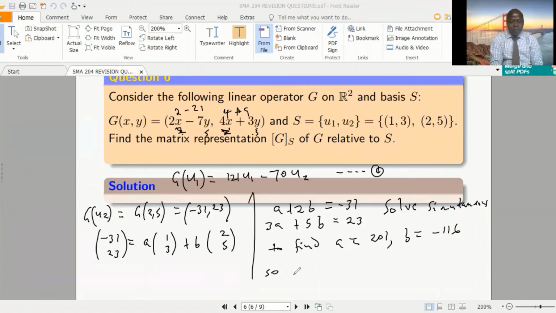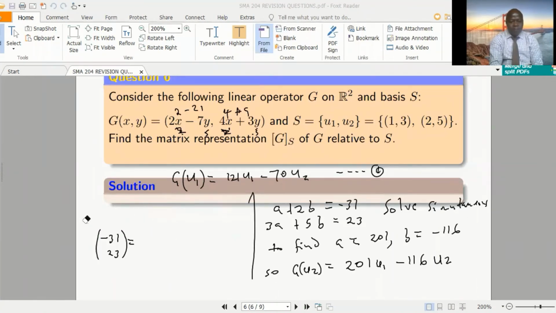So G of U2 as a linear combination of U1 and U2 will be written as 201 U1 minus 116 U2. We are done, so we just need to write what the question wants us to write. Okay, I want to call this equation 2.